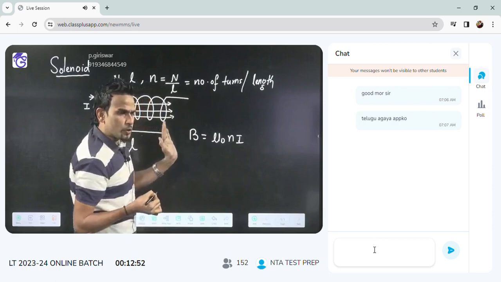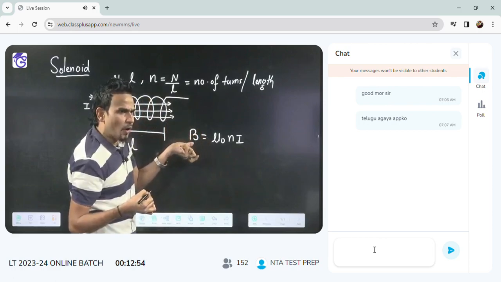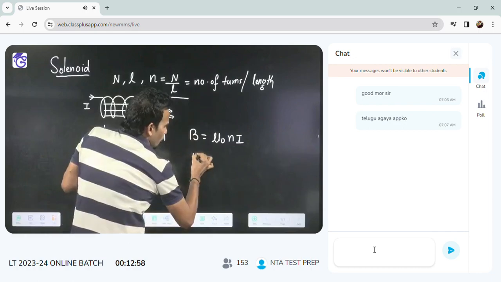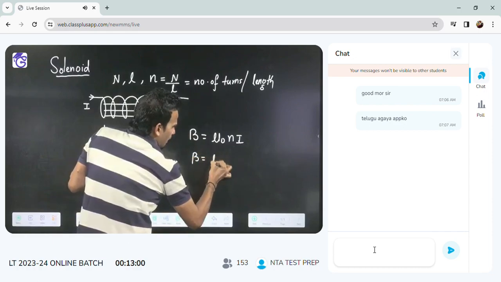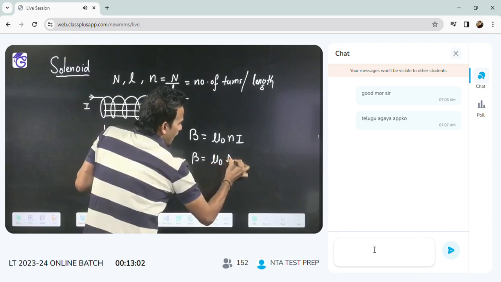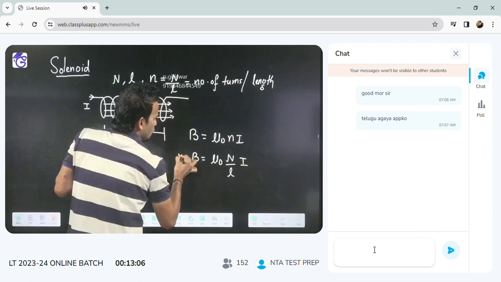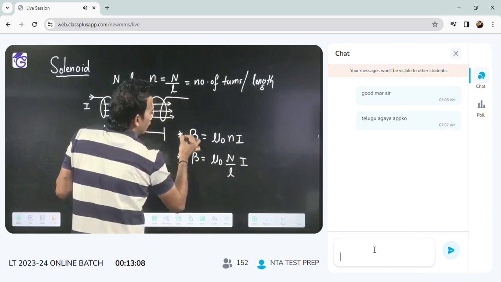What is small n, sir? Number of turns per unit length. And if someone gives you total number of turns and length, then you can write this also as mu naught N by L into I. So this is the formula that we use for magnetic field due to solenoid.